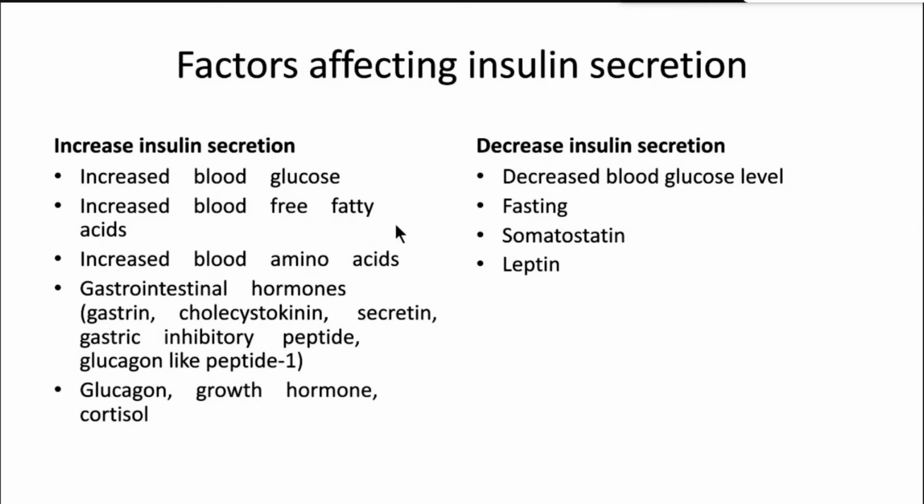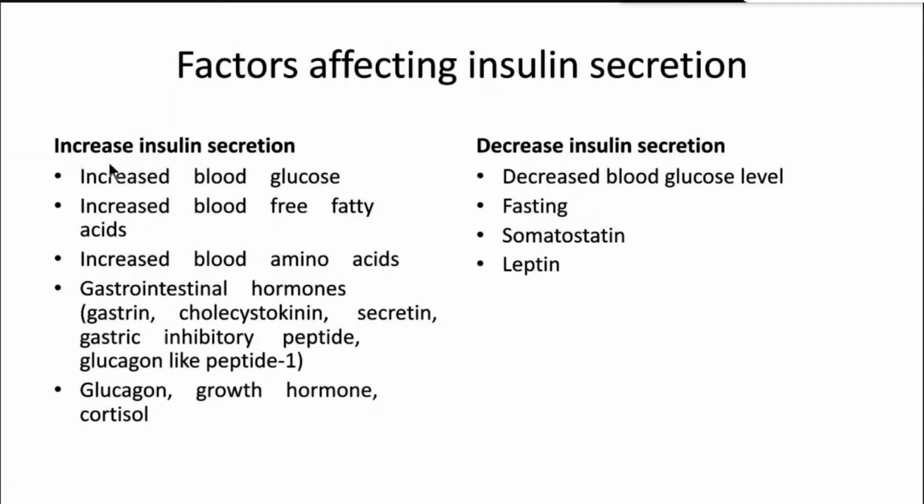And here we will now see how insulin secretion itself is controlled. What affects insulin secretion? How do the beta cells know that insulin secretion should now be increased or decreased to mediate these different effects according to the exact need of the body?